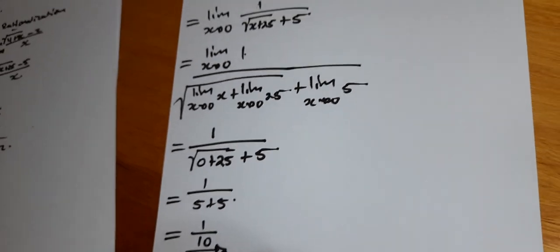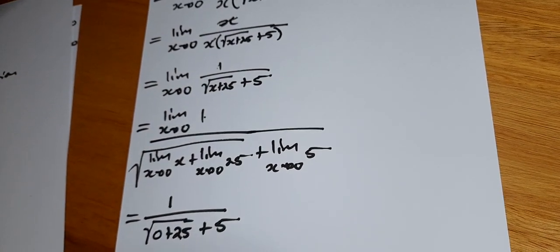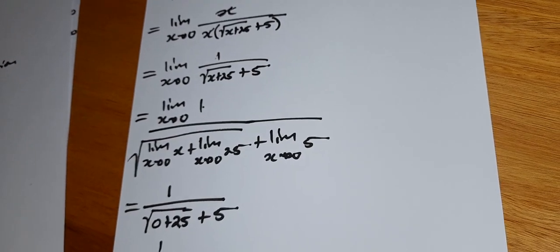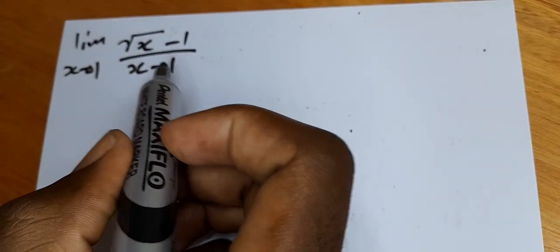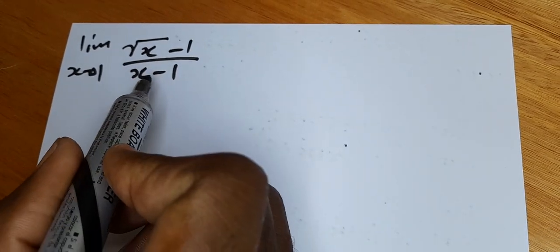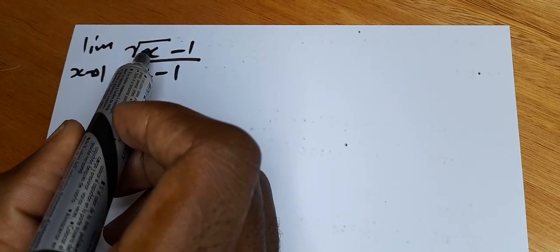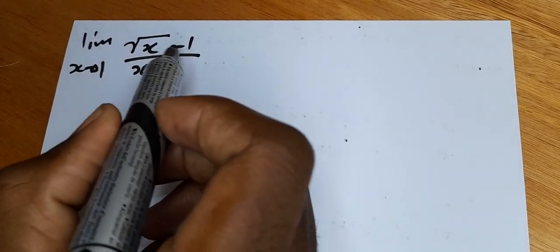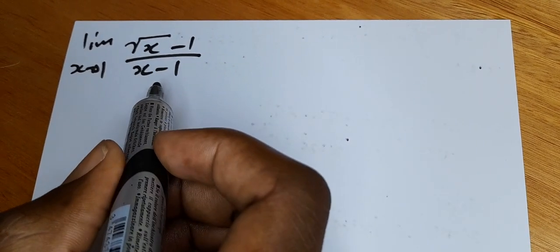So I hope we are done with the rationalization part. Now we can go to another one. All right, what about this one? How are we going to treat such a question? Say we have the square root of x minus 1 all over x minus 1.